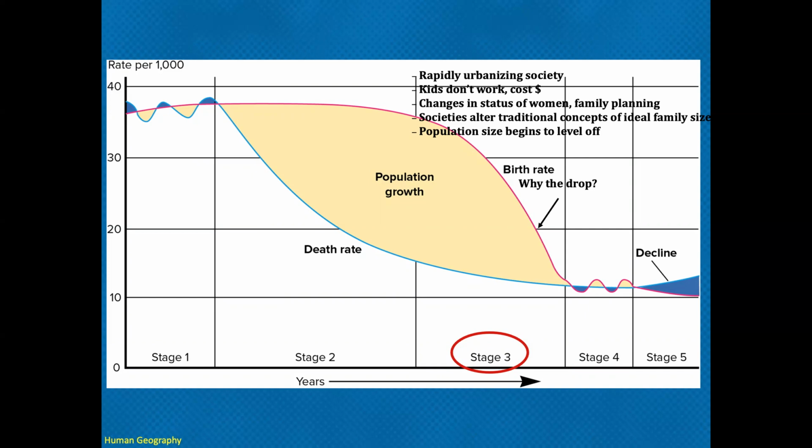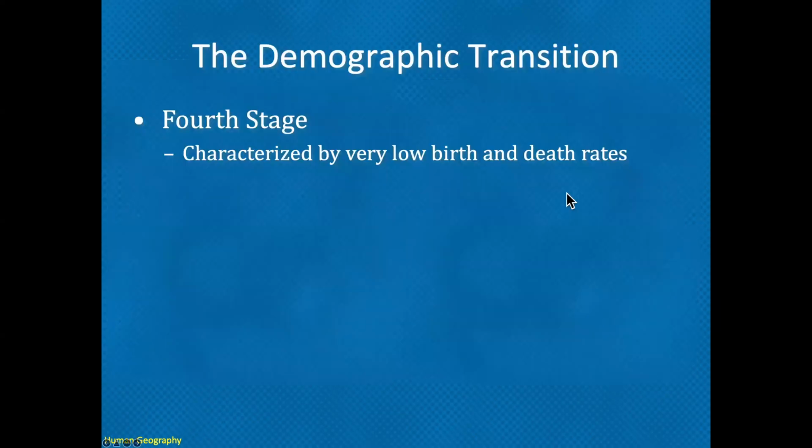They begin to work more. They're no longer staying at home. Some do, and that's great, but many don't. They decide to work. Society begins to alter the view of what an ideal family size is, and population begins to level off.